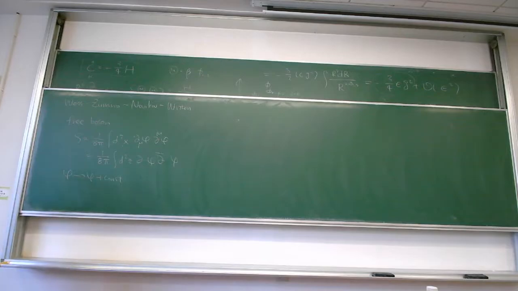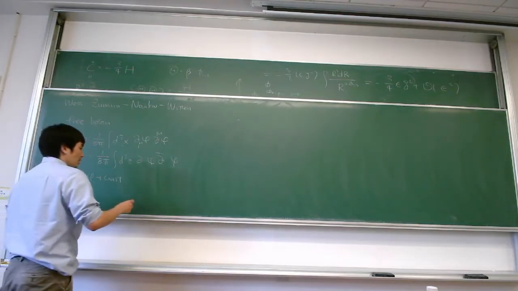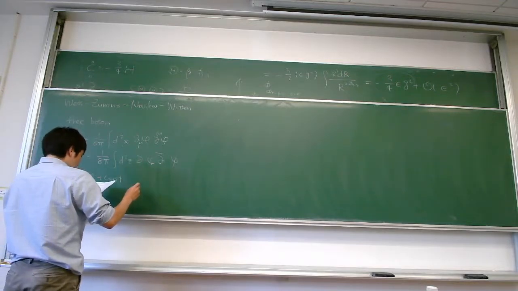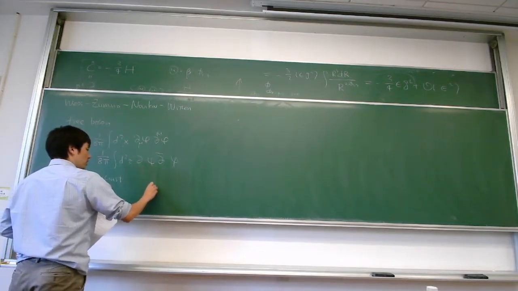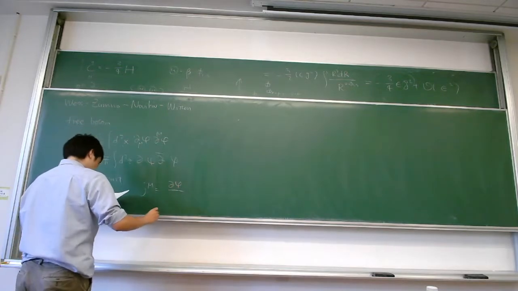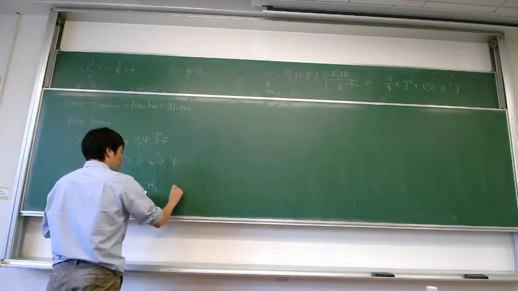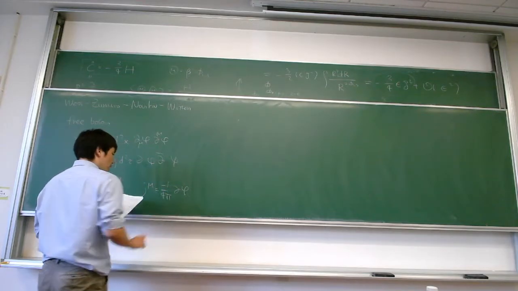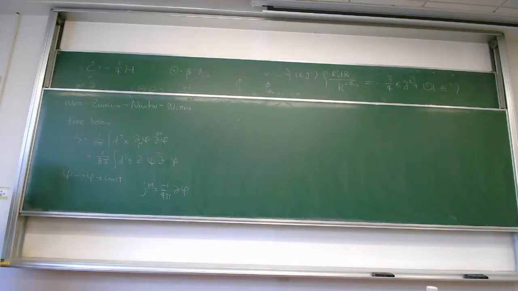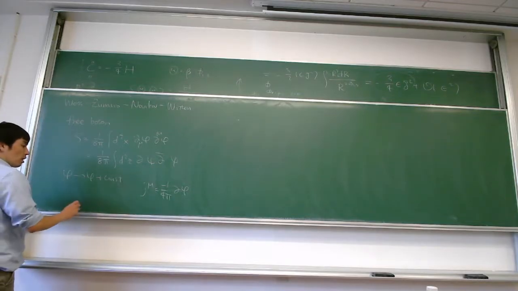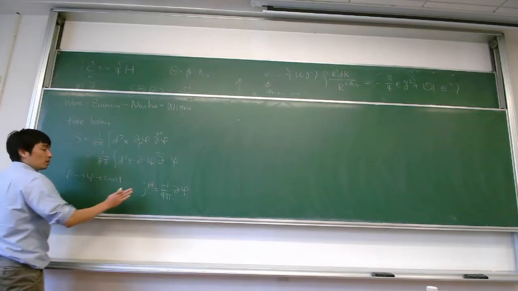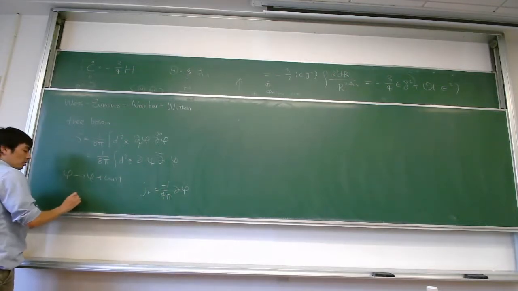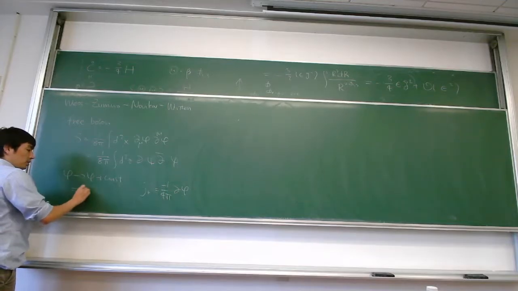So the Noether current, you can easily see, is just this one, but somehow the normalization is something like this in my lecture note. Maybe I call it z. And of course, the conservation law is really this one.